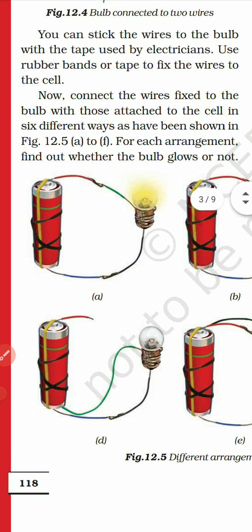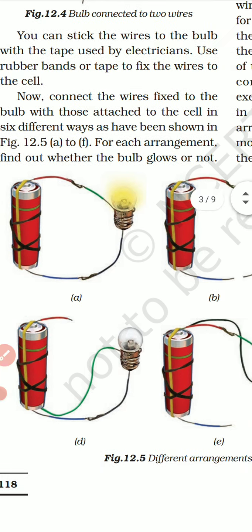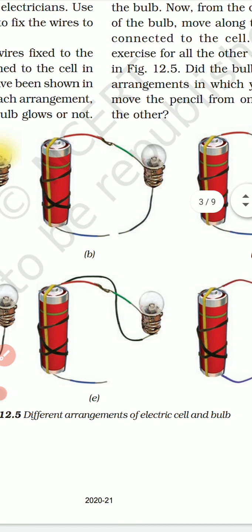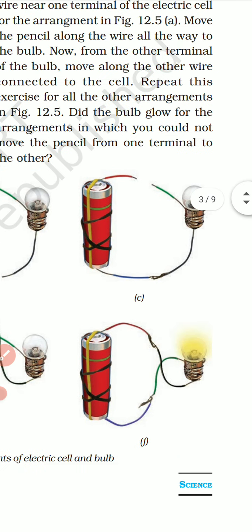Now see, there has to be a continuous flow. So when you start from one end, there has to be the flow till the other end. Wherever you see a break, or it's not completing a path, or a circle has not been made, it means there is not a complete path for the flow of electricity. Hence the electricity will not flow. So children, one end should go to the other end, and the other end should go to the one end.